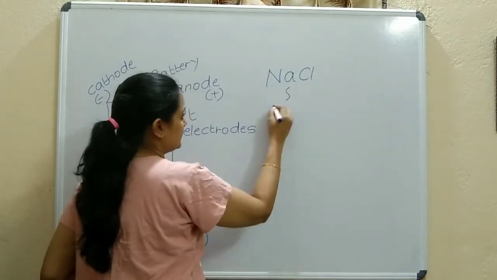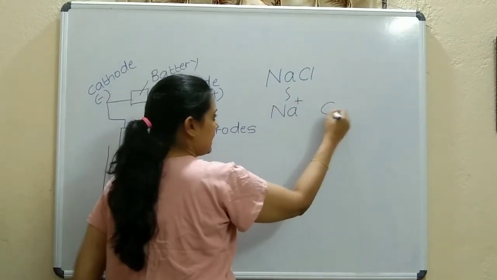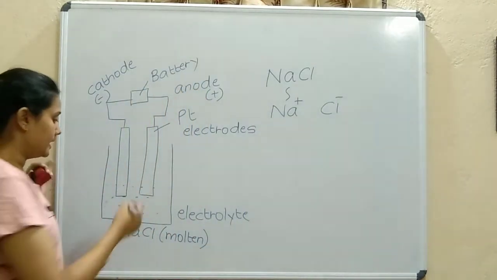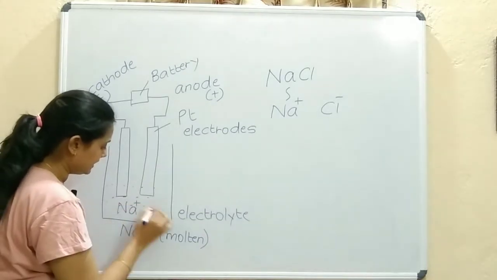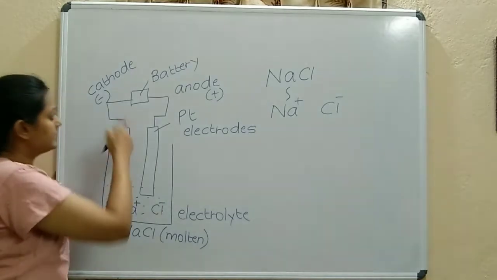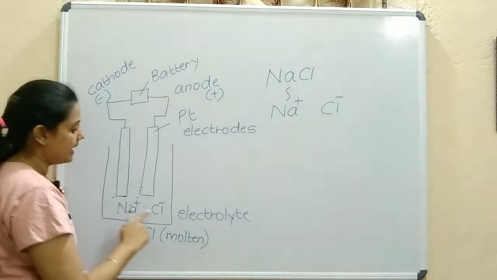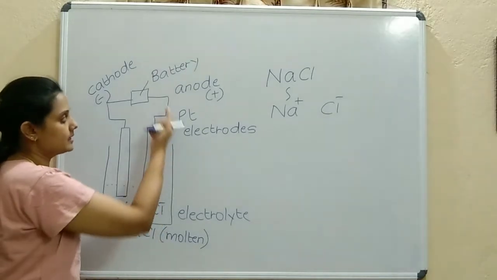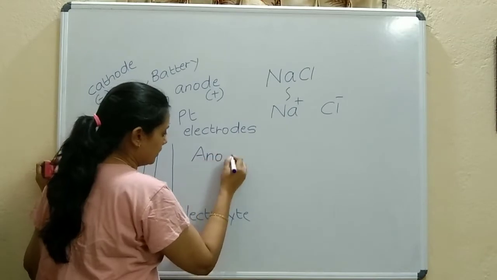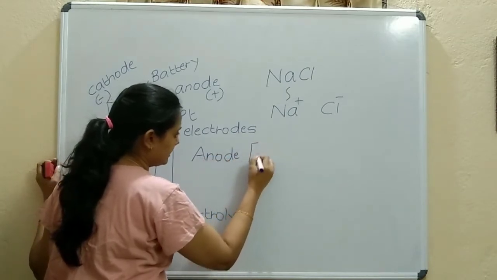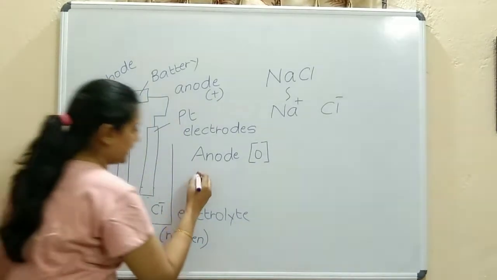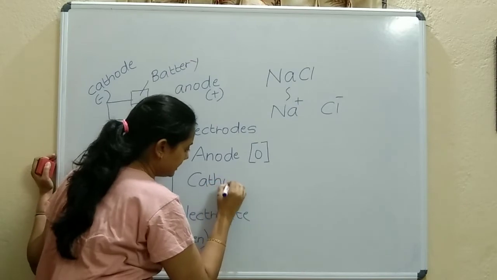NaCl will split into Na+ ions and Cl- ions. Correct? Ions are produced. Now positive ions will go towards the negative electrode and negative ions will go towards the positive electrode. So reactions at anode. Now remember this: at anode oxidation takes place and at cathode reduction takes place.